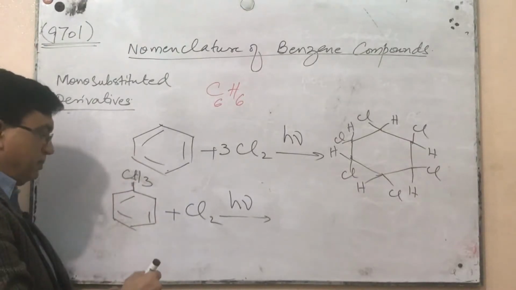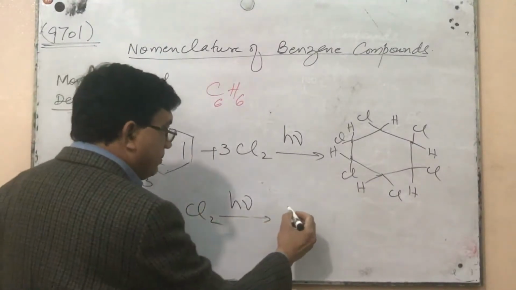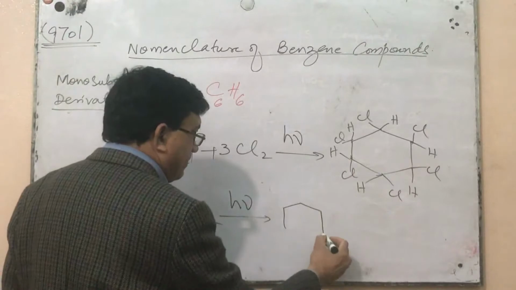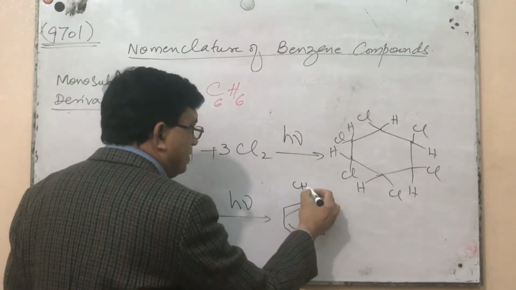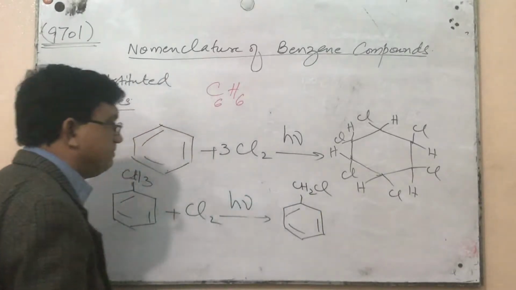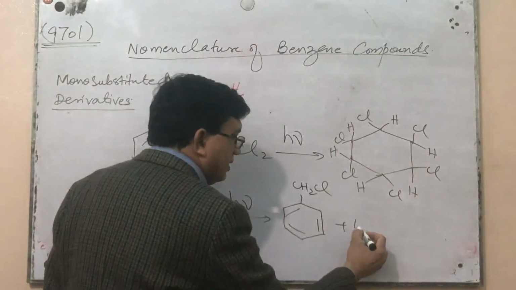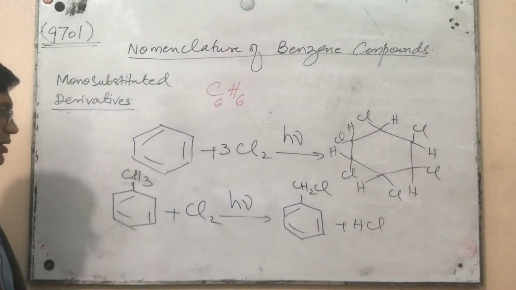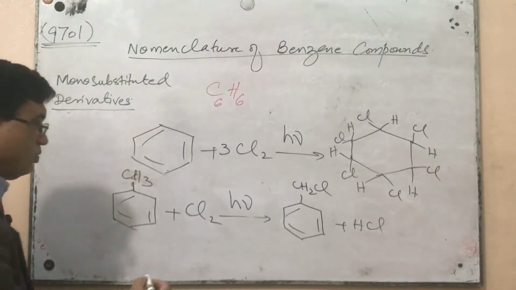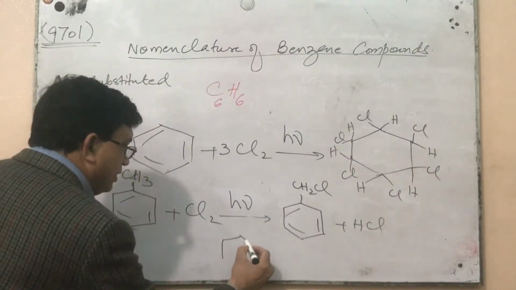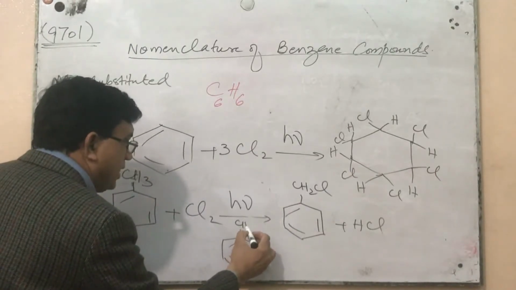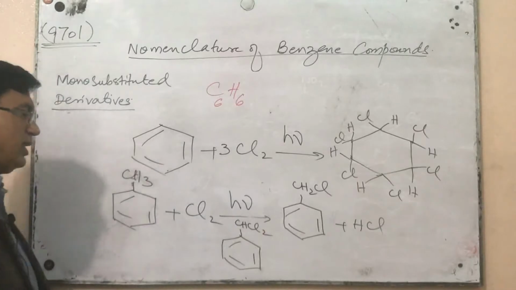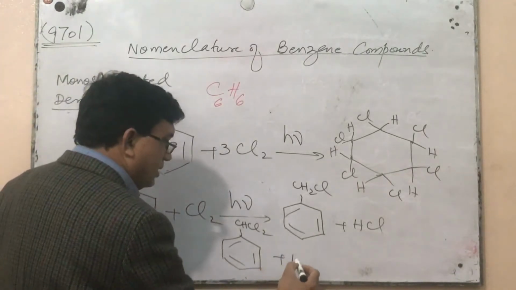At the first step, we will get this product plus HCl. If the process continues, we will get this product, CHCl2, plus HCl.